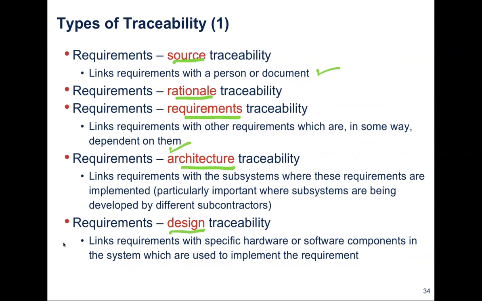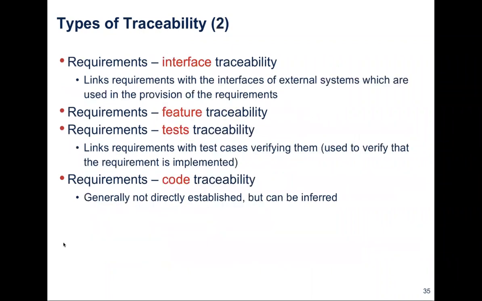In addition to source, rationale, requirement, architecture, and even design traceability, we also have interface traceability. Interface traceability is a strategy that links requirements with the interfaces of external systems, which are commonly used in the provision of the requirements.